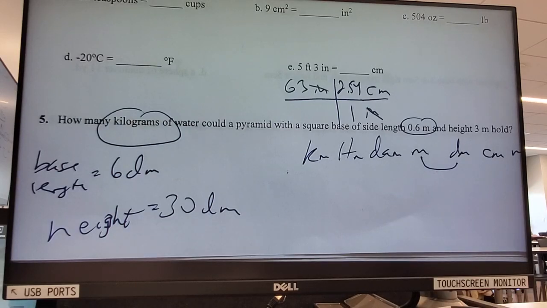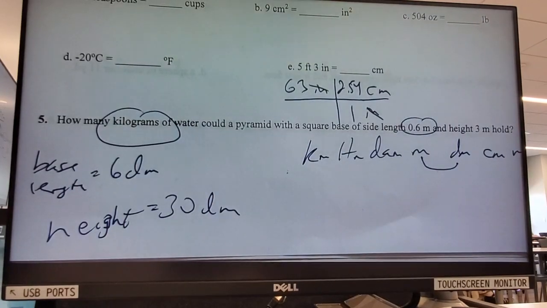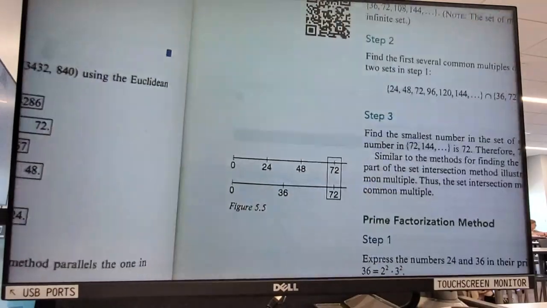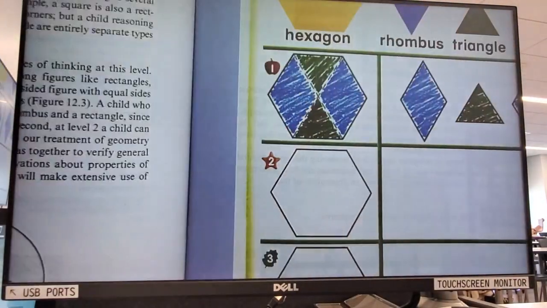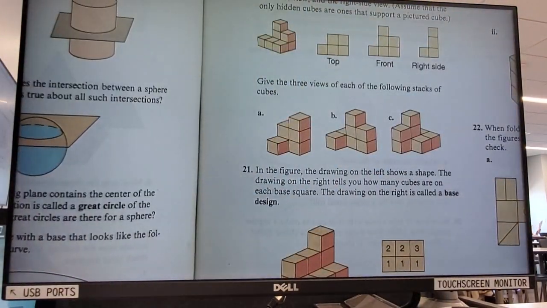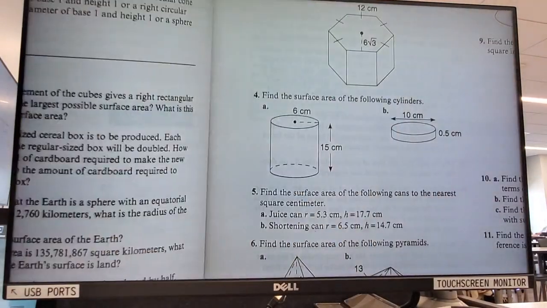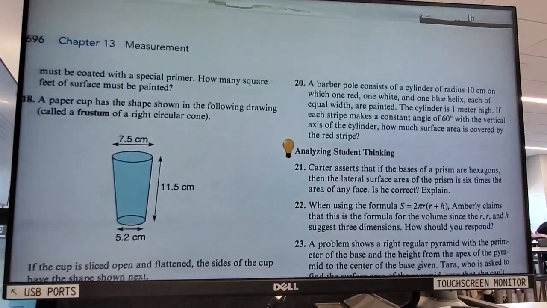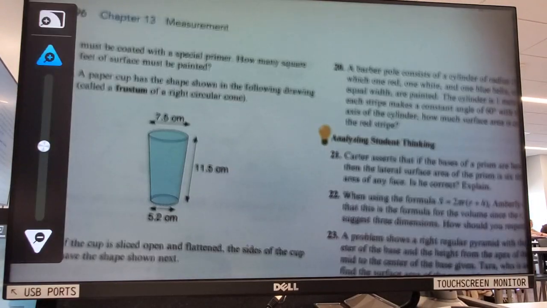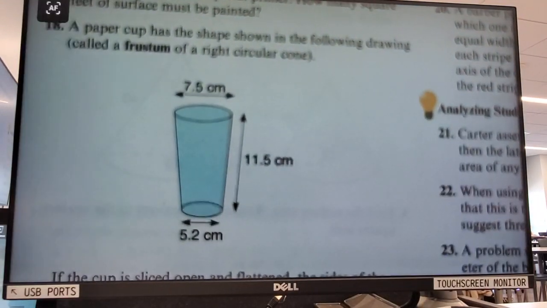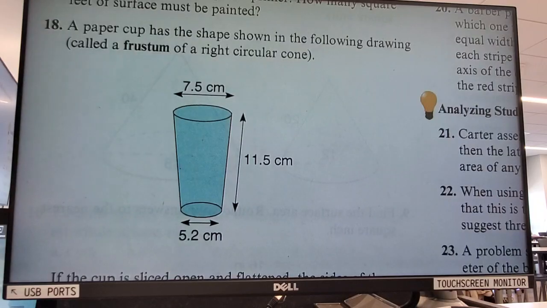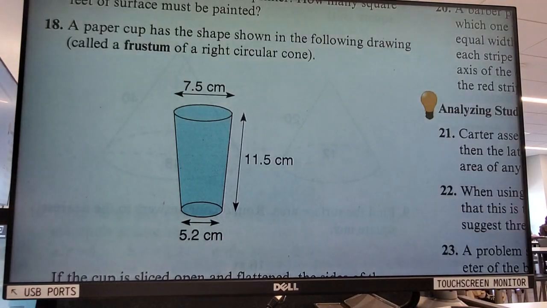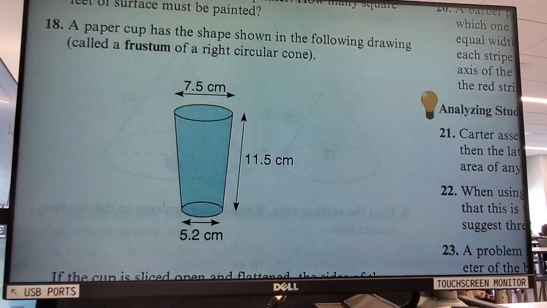Yes. I have a question on the homework, 13.3, number 18. Oh, yeah. Frustum. Can you see this? What's it asking for?